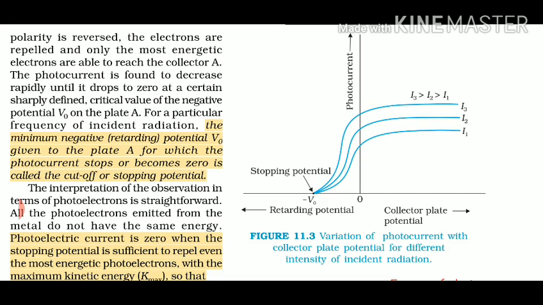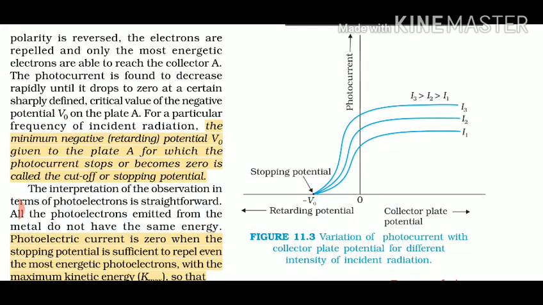The more positive the anode, the more attraction, and more electrons will be attracted. If more electrons are attracted, what will happen to photocurrent? Current is nothing but the motion of electrons. So if more electrons are attracted, photocurrent will increase.